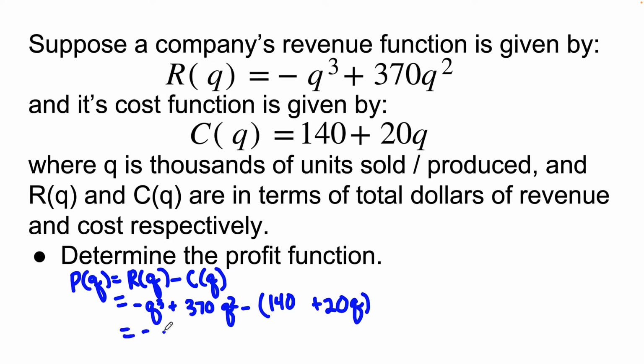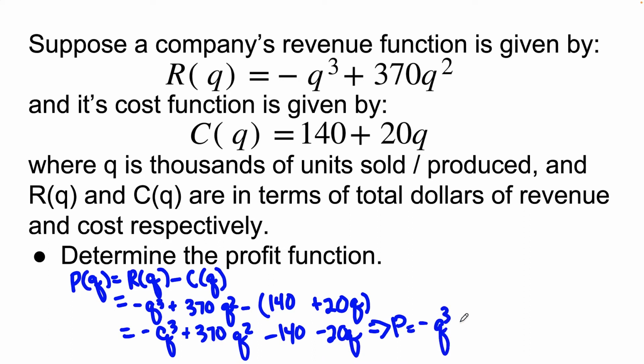Distributing the negative to 140 and 20Q, we get negative Q cubed plus 370 Q squared minus 140 minus 20Q. So in other words, our profit function is equal to negative Q cubed plus 370Q squared minus 20Q minus 140.